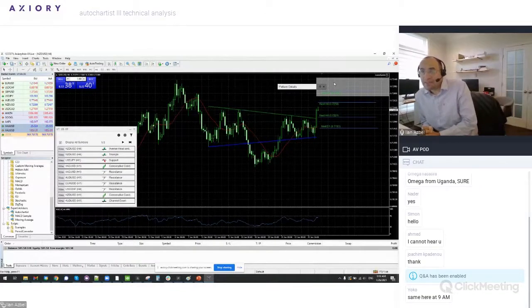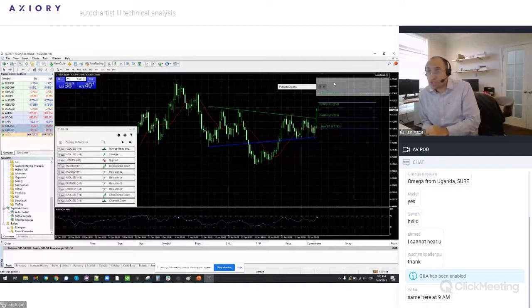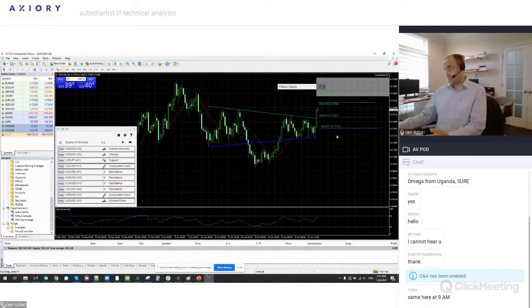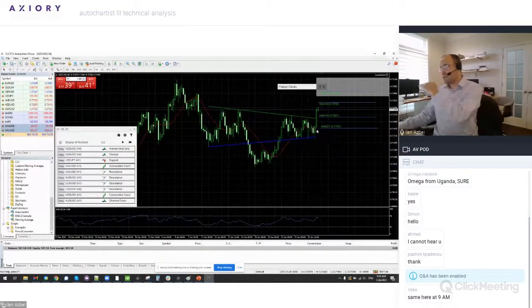If you believe that the Kiwi is now starting a trend going up against the US dollar, then you should be looking at a trending indicator, such as a moving average. So I'm looking at this moving average here, and you can see it's kind of moving sideways with a little bit of an upward trend.